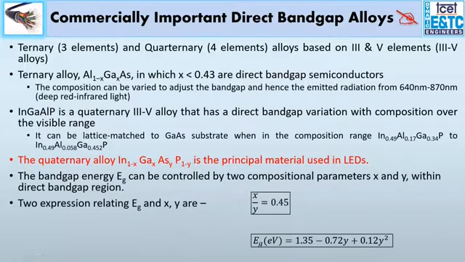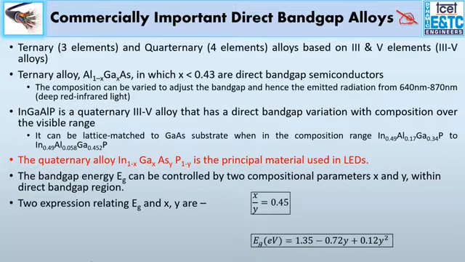Now, normally you can have a configuration where different compositions of indium, gallium, arsenide and phosphorus are there, with a relation of x by y as 0.45. In case you are not given Eg but are given the composition, how much percentage is arsenic, how much is gallium, your values of x or y are given.